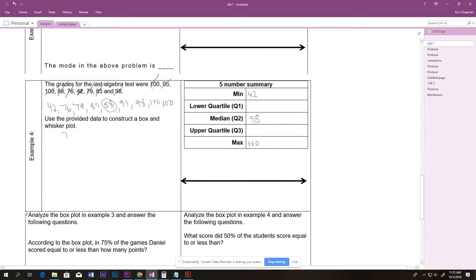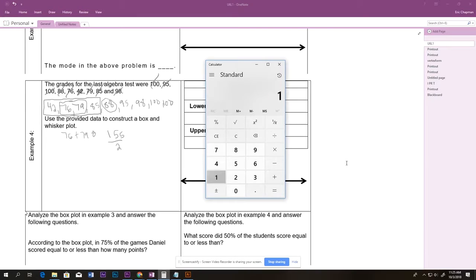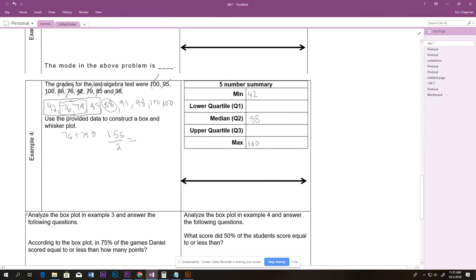Then we're going to look at the bottom half. The middle is between 76 and 79, so I add 76 plus 79 and get 155, divided by 2. Let me use my calculator for that. 155 divided by 2 is 77.5. So we get 77.5, and that is our quartile 1.